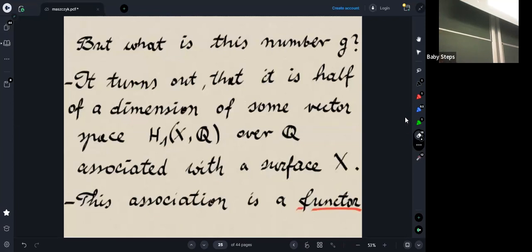It turns out that it's half of the dimension of some vector space denoted by H1(X, Q), which is a vector space over the rational numbers Q, associated with a surface. And the rules of this association are that this is a functor.